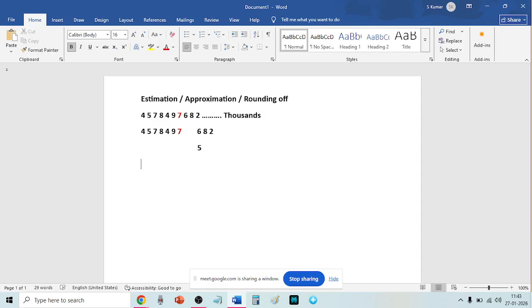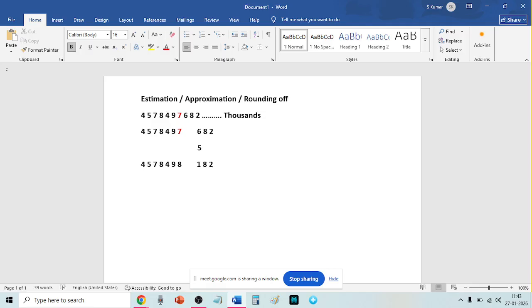And now there will be a carry. 6 plus 5, 11. Carried 1. So you will get 4, 5, 7, 8, 4, 9, 8, because of the carried 1. Then this one will be 6 and 5, 11, then 8, then 2.